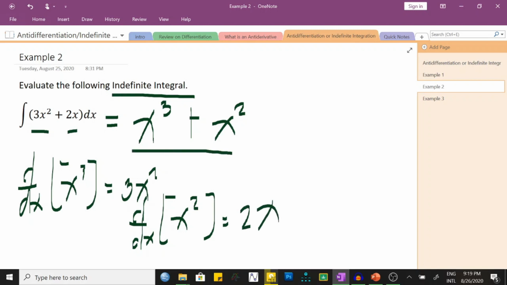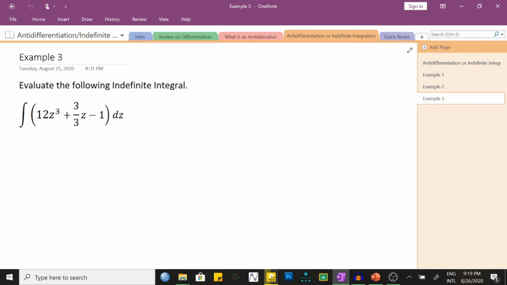But wait again, because x cubed plus x squared is just a particular antiderivative, this symbol is asking us to give all the possible antiderivatives, and that is done by simply adding plus c. So this is a better way of writing it compared to listing all the possible antiderivatives, and you will not be done till the end of time.